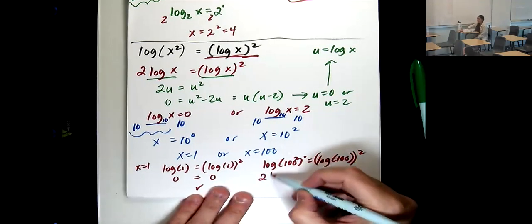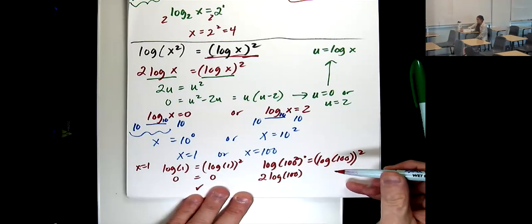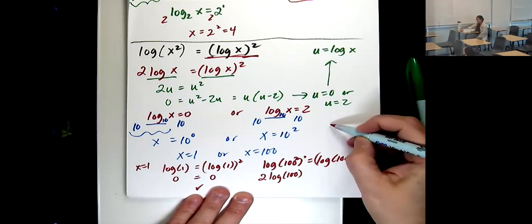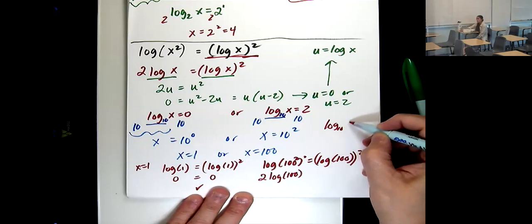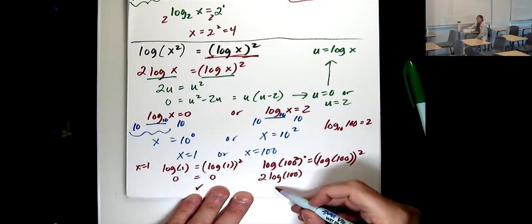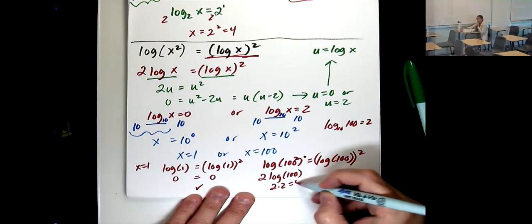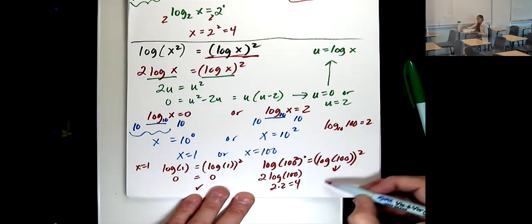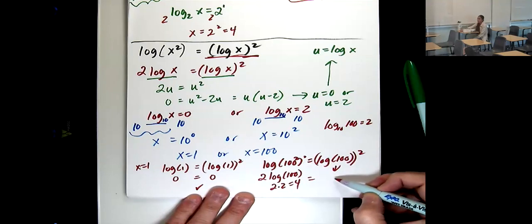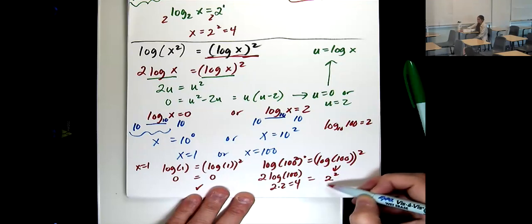The left side is 2 times log 100, and log base 10 of 100 should be 2. So this should be 2 times 2, which is 4 on the left side. Log base 10 of 100 on the right is 2 and it's getting squared. And that's also 4.